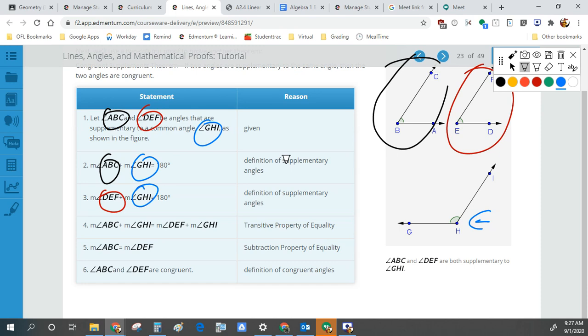Those are congruent. Because those are all equal to 180, using the supplementary angle theorem or definition of supplementary angles, we can just use the transitive property. Remember that the transitive property was the idea that if A equals B and C equals B, then we can say that A equals C. So we're using that transitive property that we learned from that slide.